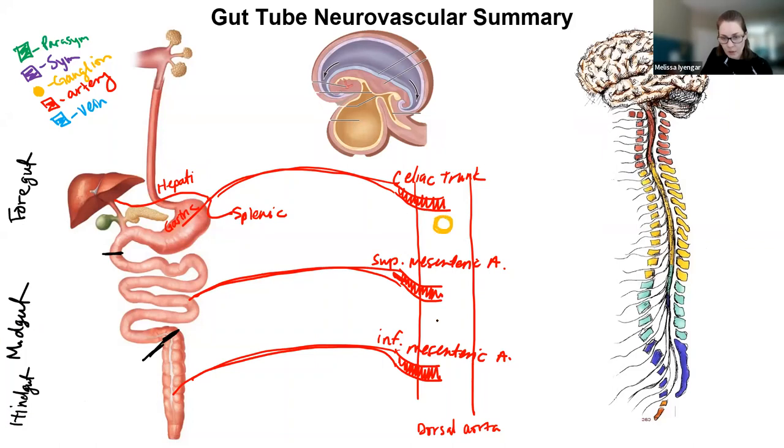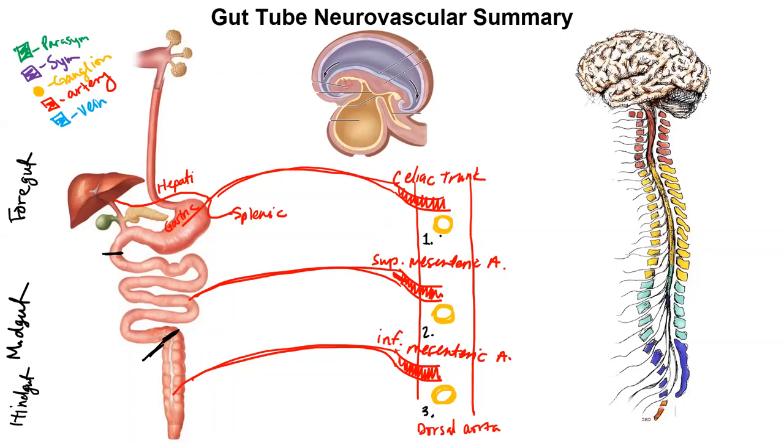So right next to each one of these blood vessels, we have a ganglion. What should I call this ganglion right here? This is number 1. Celiac ganglion.